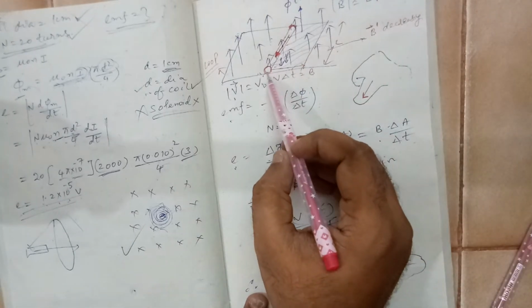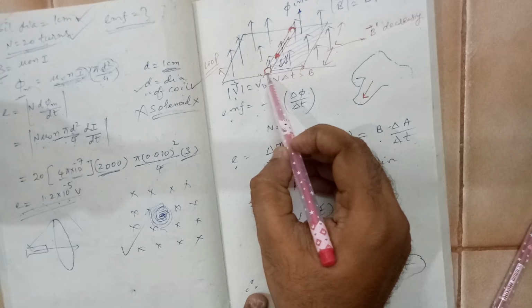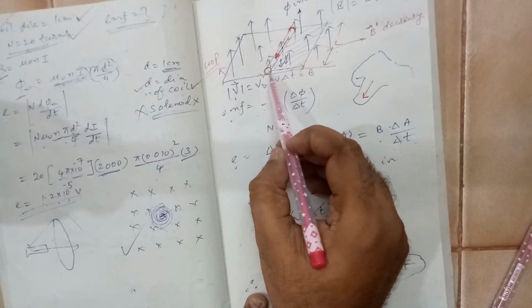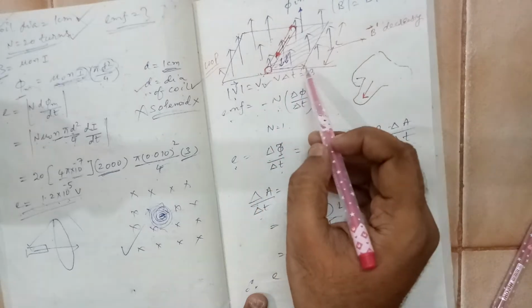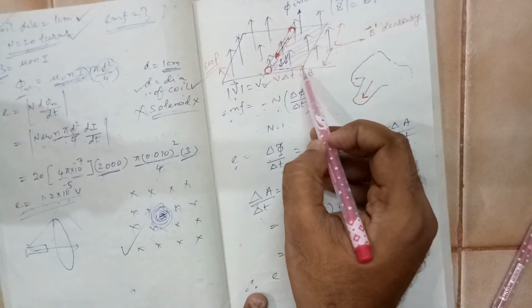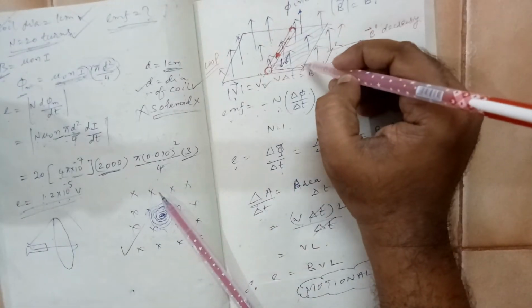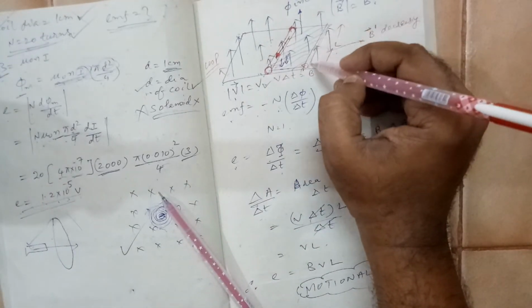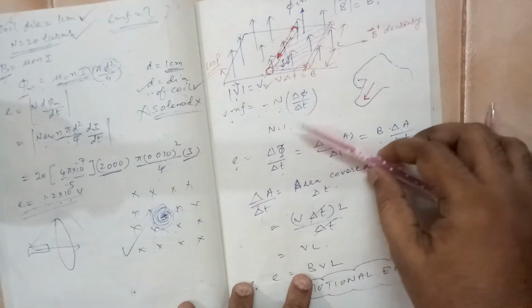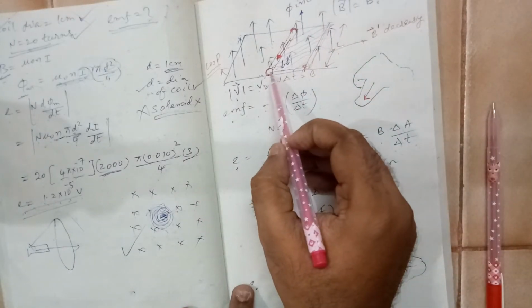Let us say at time t1, this cylinder is here. After some time, at time t2, the cylinder was here. So obviously it traveled some distance. We know the speed of the cylinder.